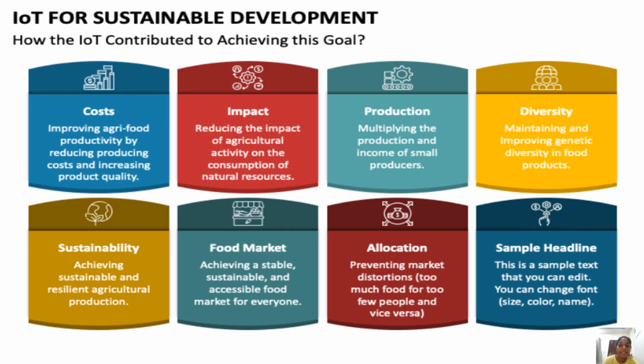So now let's understand how IoT contributes to sustainable agriculture in more detail. The first thing is cost. What can be included in cost? It is resource optimization and labor efficiency. Resource optimization: IoT sensors measure soil moisture, temperature, and nutrient levels in the soil and the plants too, allowing farmers to apply water, fertilizer, and pesticide precisely when needed.